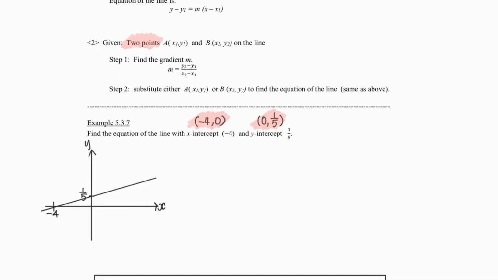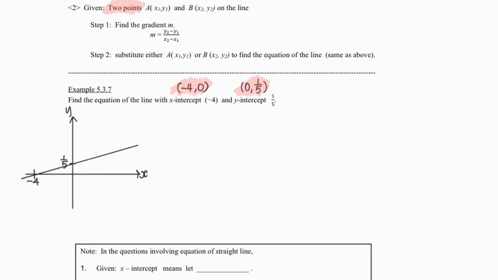Step 1, find gradient. y1 minus y2, this is x1, y1, x2, y2. 1 over 5 minus 0 over 0 minus negative 4. And this will give me a value of 1 over 20. Gradient done.